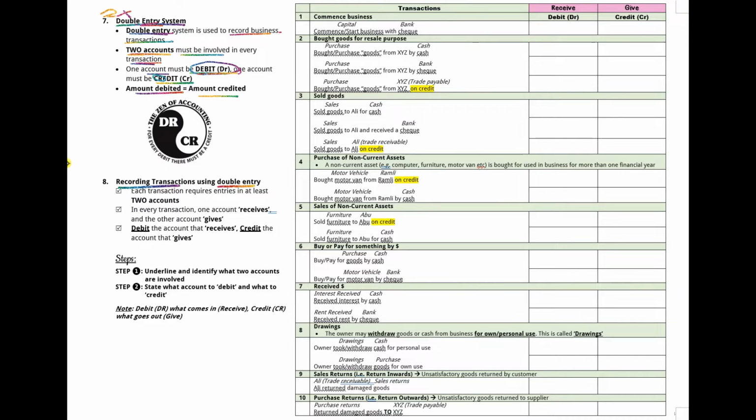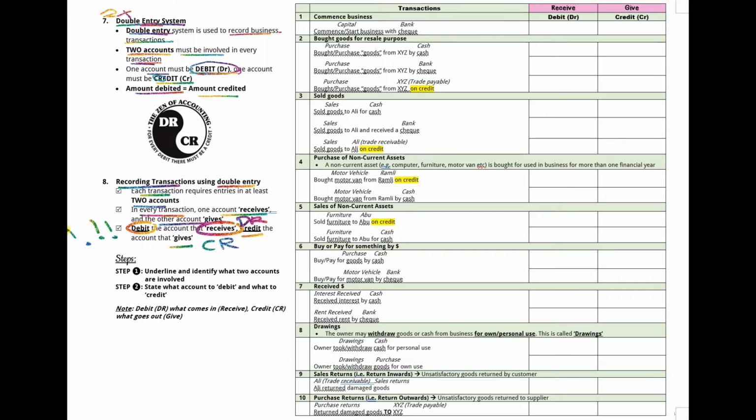So to repeat again, each transaction involves two accounts, and in every transaction, one account will receive and the other account will give, okay? So the account that receives, you are going to debit. This is very important. You are going to debit (DR) the account that receives, and credit (CR) the account that gives.